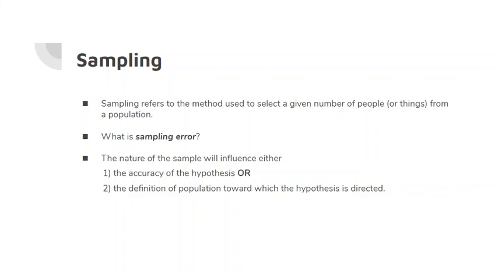Sampling errors are kind of interesting in that we can do this in education research. If we want to look at Hispanic, African American, Caucasian, and Asian American populations, and we conduct a study at an all-white or nearly all-white high school, then our sample isn't very useful.